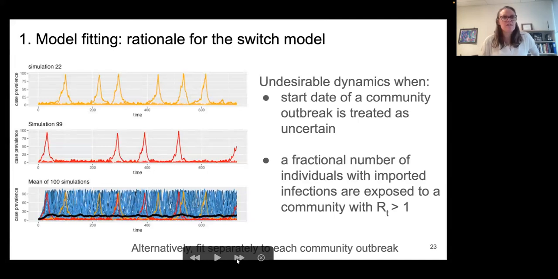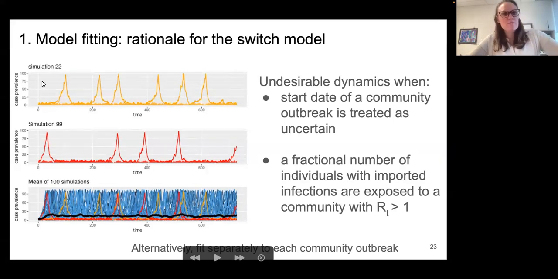The rationale for needing the importation community spread switch model is the following. This is just showing how we can maybe go about this the wrong way, why we need the switch model. So imagine you have a stochastic simulation, and on any day you could have a community outbreak.